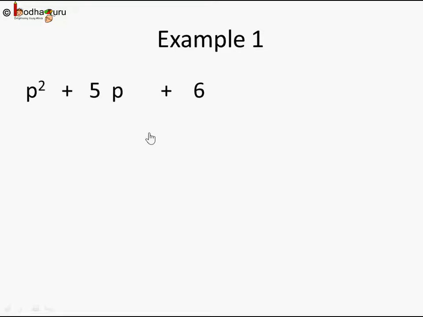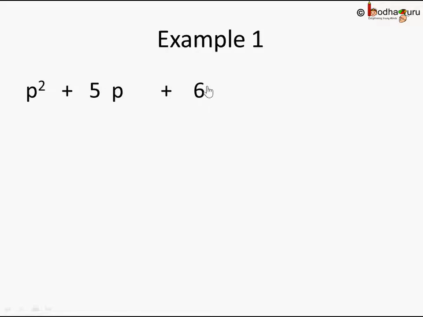Let's take an example. p² + 5p + 6. So p² seems to be, we can use identity 1 or 2 or 3 or 4. Because there is a plus on both the sides, seems like identity 2 and 3 are not possible because they have negative. So identity 1 or identity 4 can be used.